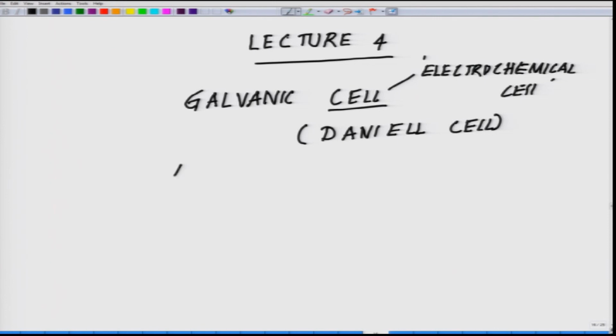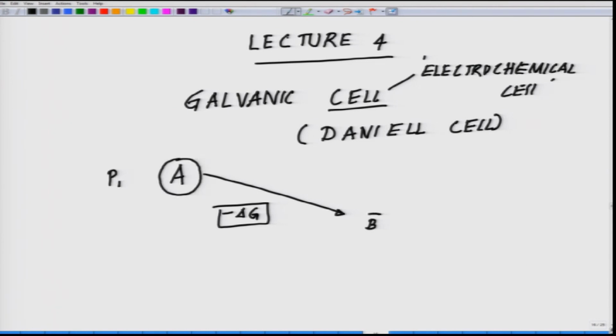Now, when we talk about a flow of current from A to B, assuming that delta G is negative, it is a spontaneous process. This will happen when A is sitting at a particular potential P1 and B is sitting at potential P2. Now, how did we calculate this potential, with respect to what? There has to be something with respect to which we calculate these potentials.